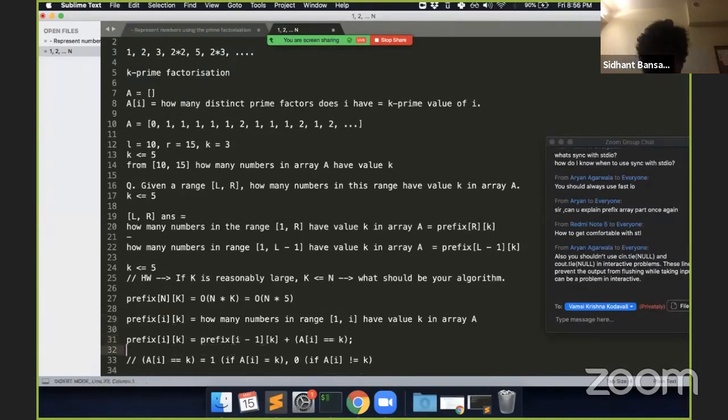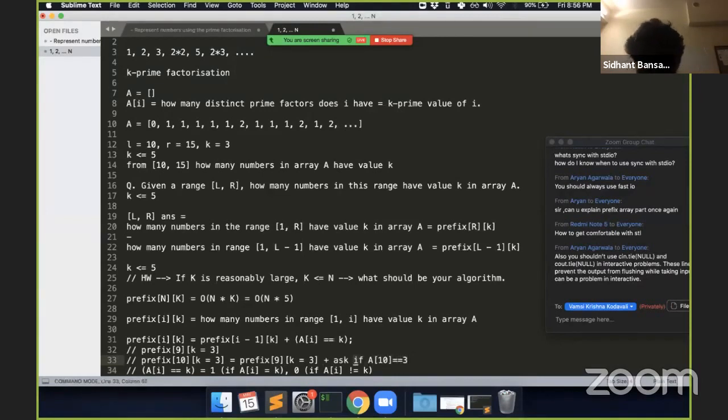Let's say you know prefix 9, k equal 3. Now, calculating prefix 10, k equal 3 is pretty simple, right? You can just use the prefix 9 value, and then ask if A10 is 3.